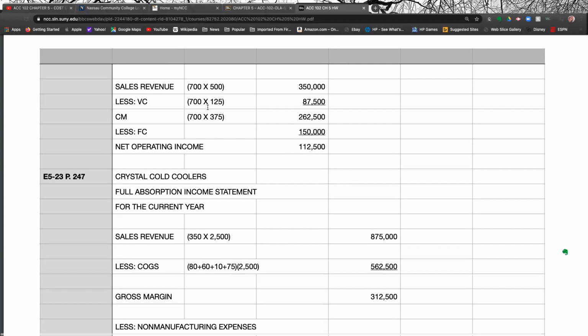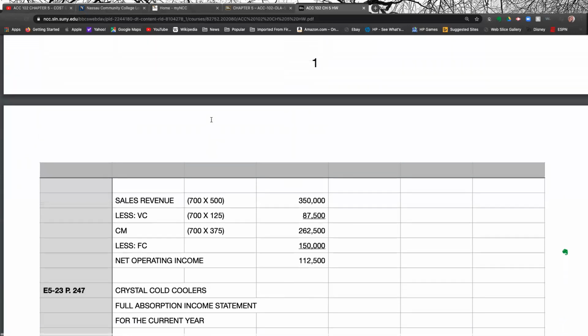The variable costs are $125 a canoe. So if they sell 700 canoes, that's $87,500. 350 minus 87,500 is 262,500.